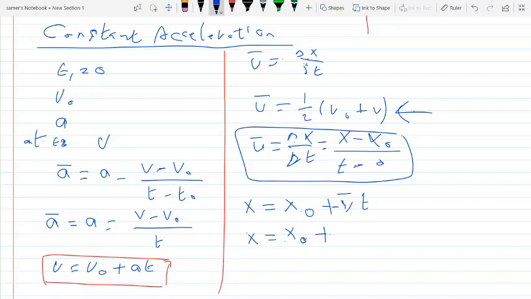So x equals x0 plus 1/2 (v plus v0) times t. And this is the second equation of motion with constant acceleration.